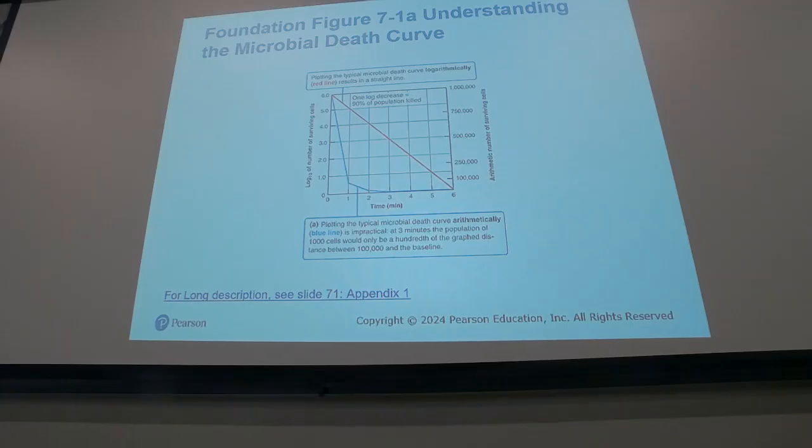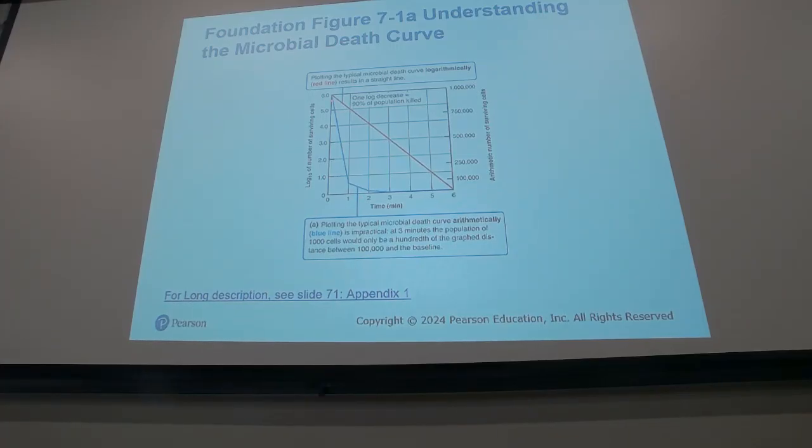So here we have the microbial death curve. We have this graph showing, on the left y-axis, the number of microorganisms counted by log 10, and in here, the arithmetic number of cells that you have, and then on the x-axis, you have the time per minute.